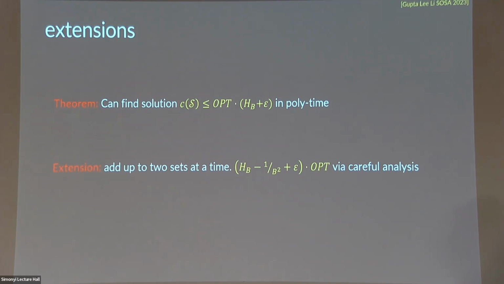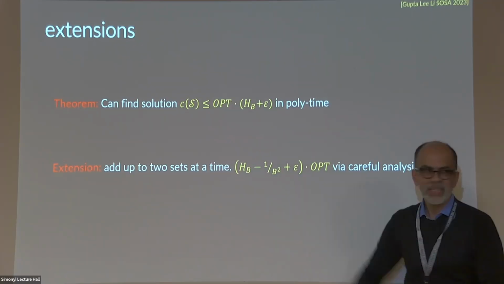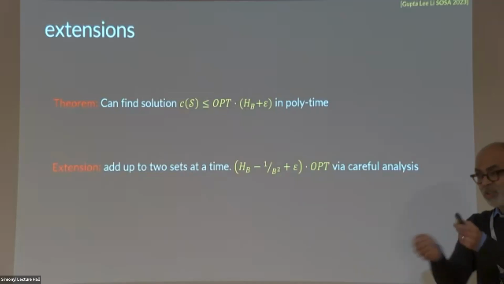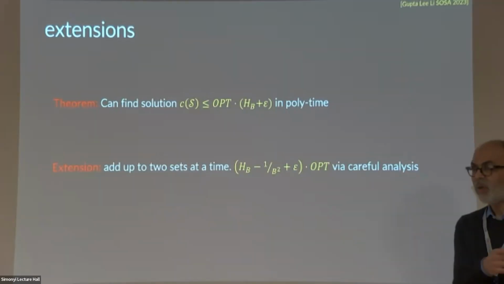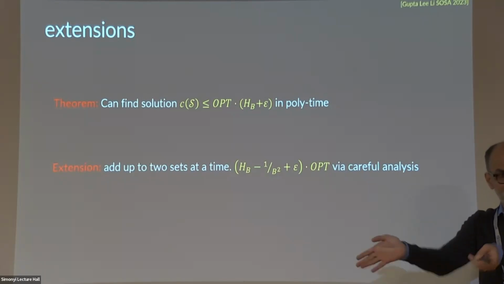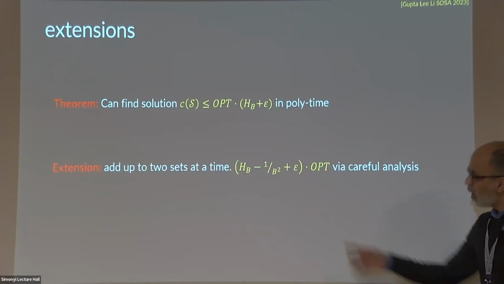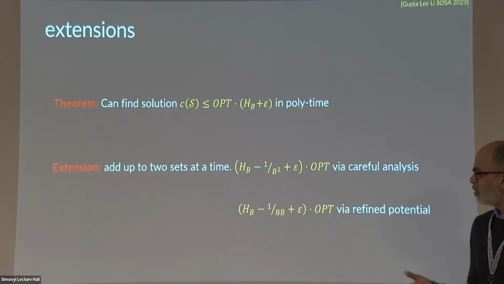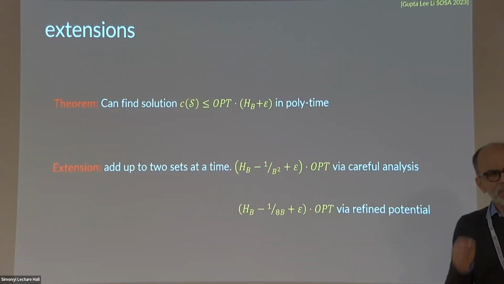Minor thing. If you were really interested in this technical question of getting strictly better than h of b, then you can ask the question, what if I add 2 sets at a time and drop whatever? If you add 2 sets at a time, you can get a slight improvement over what I just gave you. And then you can start playing, is this the right potential?